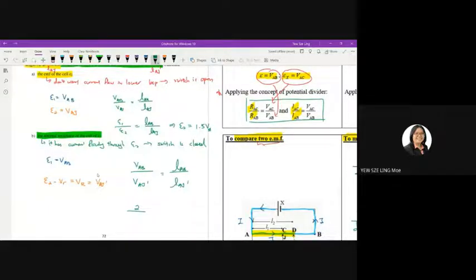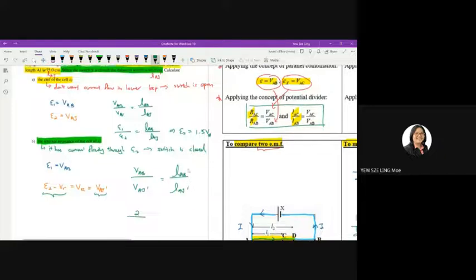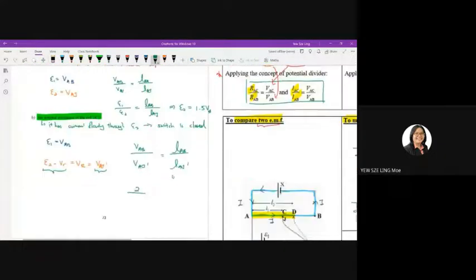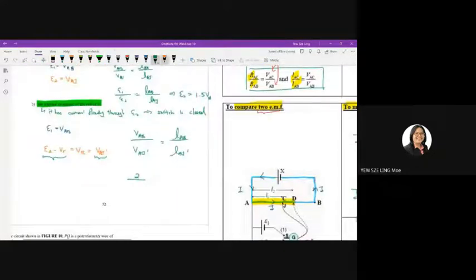I don't have VR, right? So I need to determine the value of VR first if I want to apply this equation, because EMF2 minus VR is equal to VAJ. I'm missing some information, so let me determine the value of the current first.